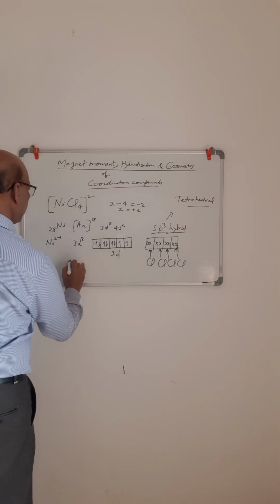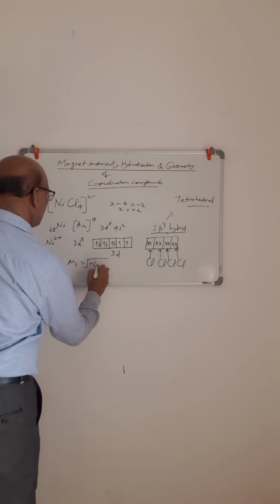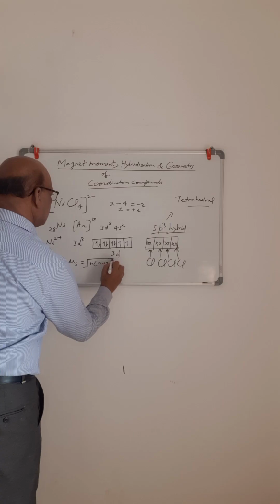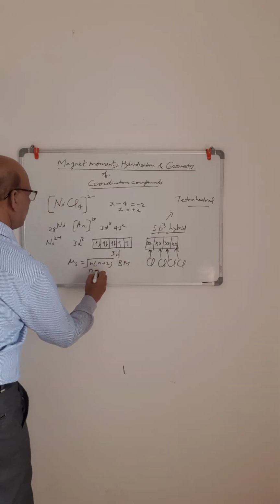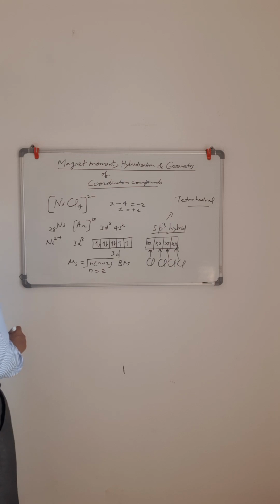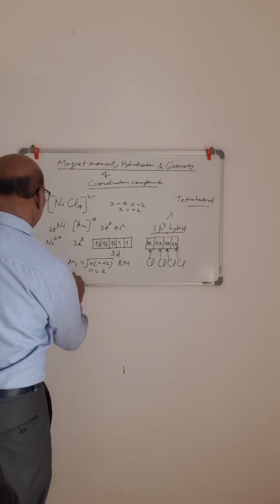So spin only magnetic moment μs equal to under root n into n plus 2, this much Bohr magneton. So here n is equal to 2, that is the number of unpaired electrons. So we can find the Bohr magnetic moment.